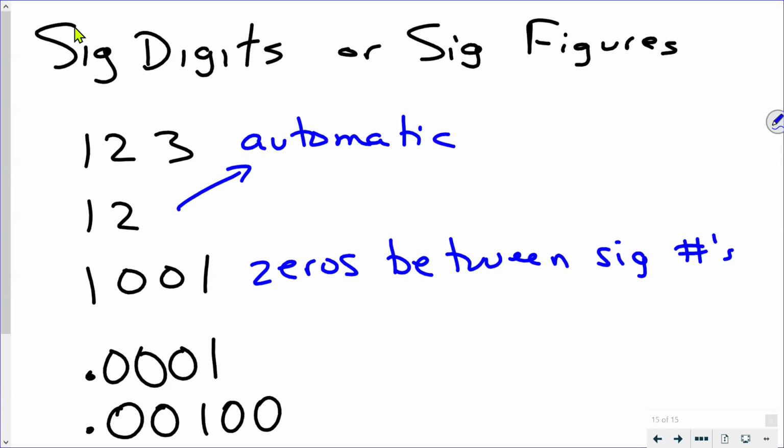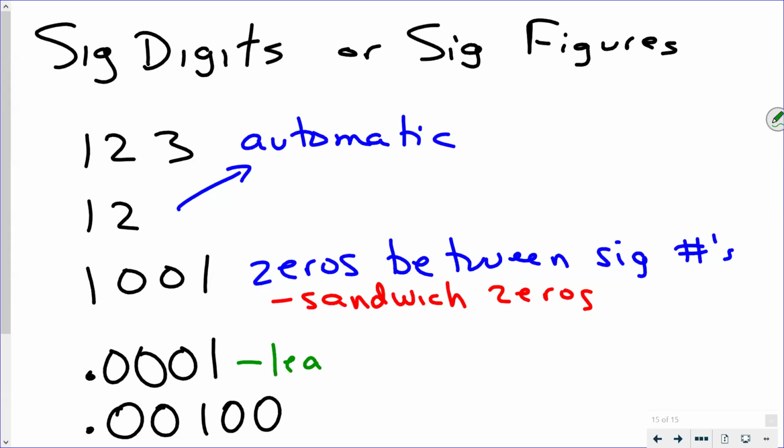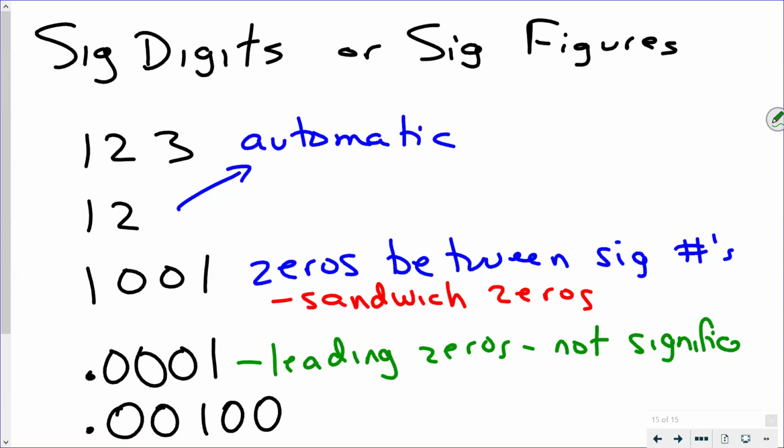We also call those sandwich zeros. This one, leading zeros, are not significant. They come before the number.